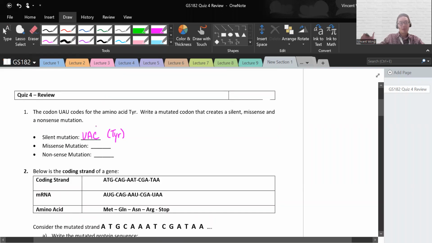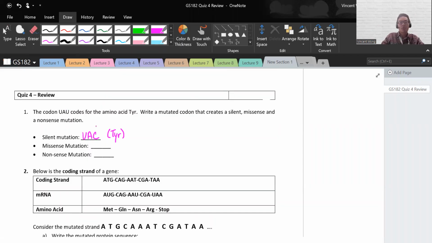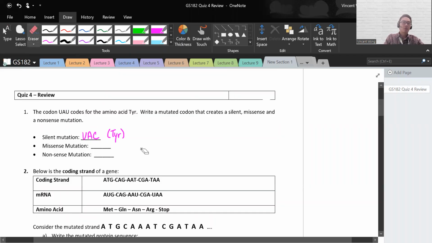Now, a missense mutation is a mutation where the mutated codon codes for a completely different amino acid. So you want to choose something that doesn't code for tyrosine. The easiest way to create a missense mutation is to change the first nucleotide of your codon. You can change to anything you like. So instead of UAU, we can change it to AAU.